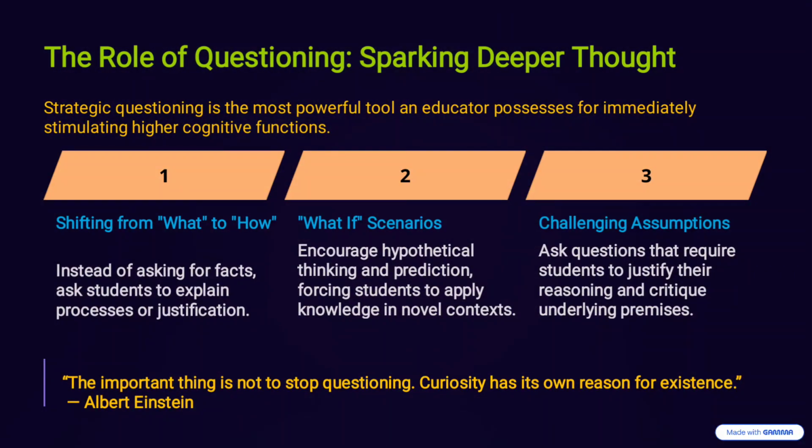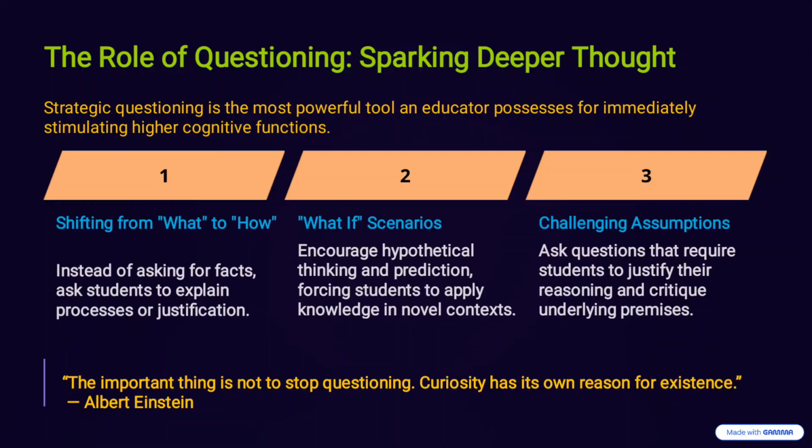The role of questioning, sparking deeper thought. Strategic questioning is the most powerful tool an educator possesses for immediately stimulating higher cognitive function. The first style is shifting from what to how.